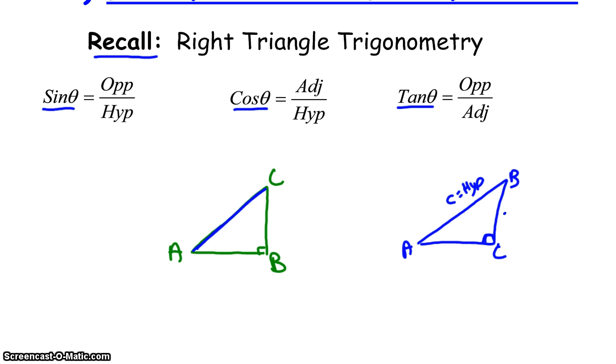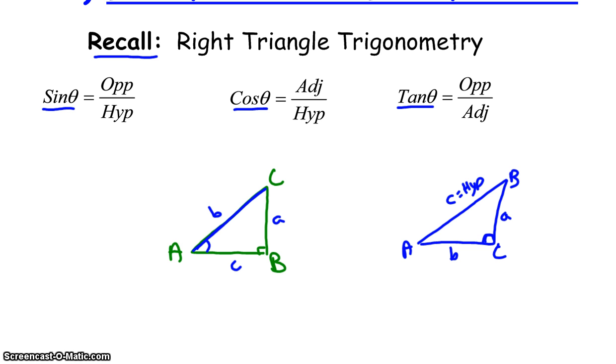Then we would make little a opposite A and little b. In this case, I just want to use A, B, and C, where the side next to angle A would be little b, the side opposite is little a, non-capital, and then looking at C on this side.